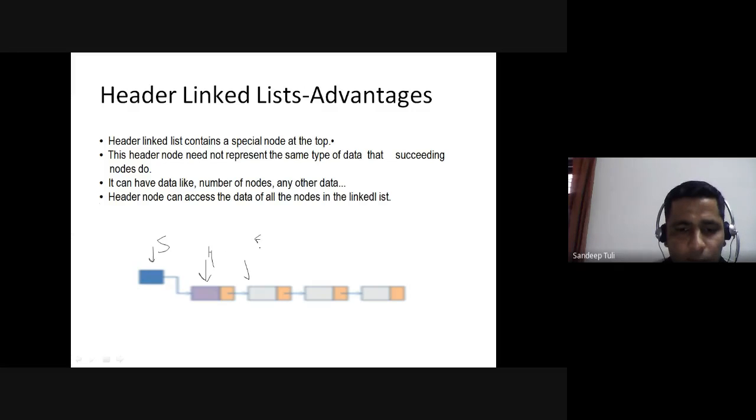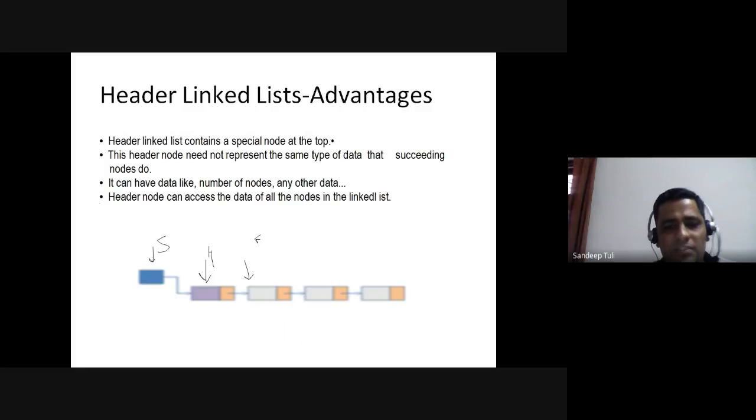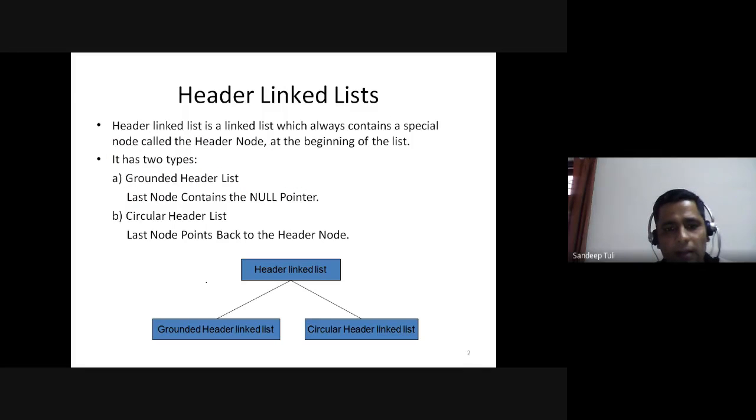The header node is in between the start node and the first node. It can be used to hold some kind of information related to the linked list, such as the total number of nodes, the maximum of the nodes, the minimum of the nodes, or any other link or data. Any kind of information can be held. A linked list which contains the header node is called a header linked list.